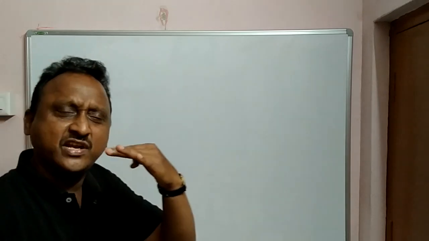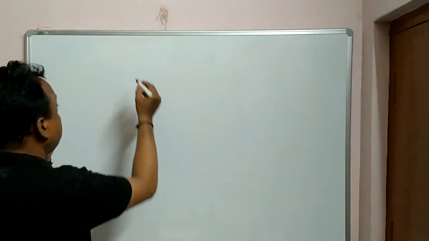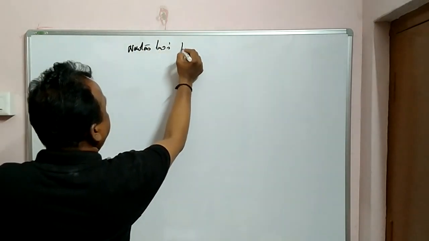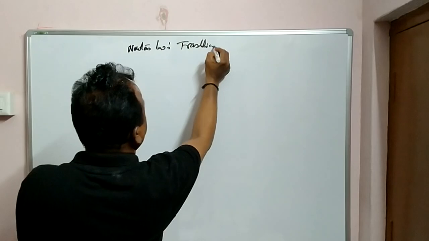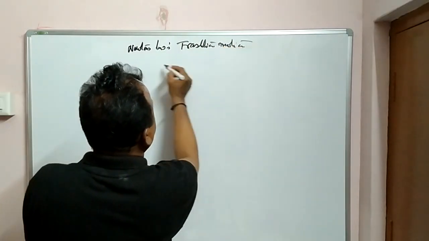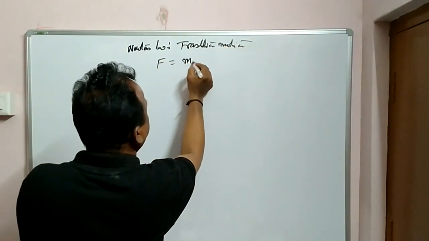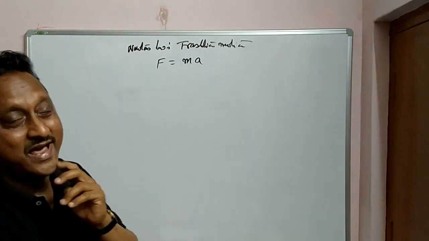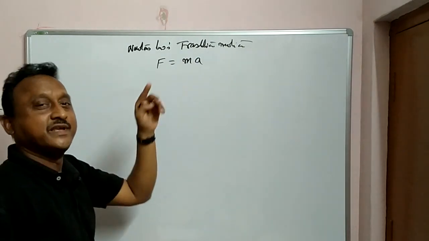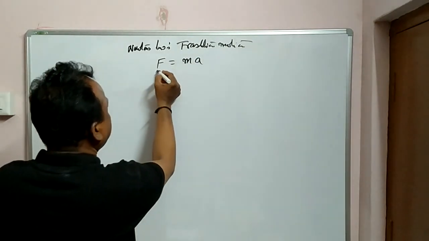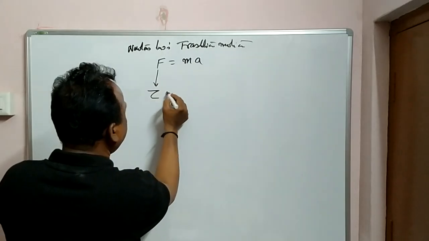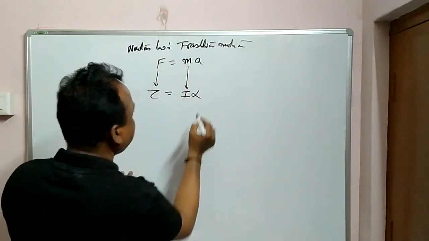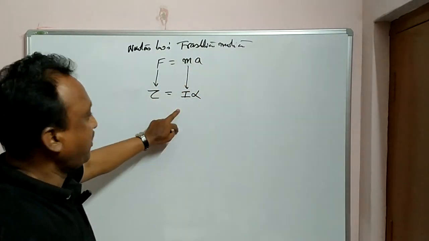See, already in translation motion, we discussed Newton's laws. So, Newton's laws formulas in translation motion. What is the formula? F is equal to m into a. This is Newton's law formula in translation, linear motion. Same formula will be changing in rotational motion. F బదులు tau, m బదులు I, a బదులు alpha.